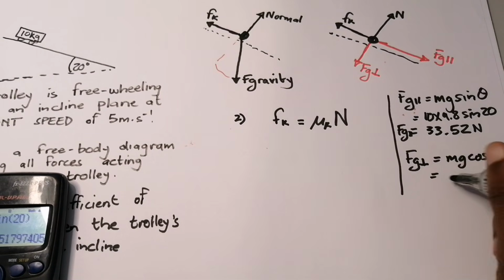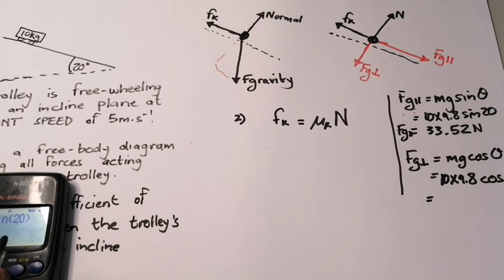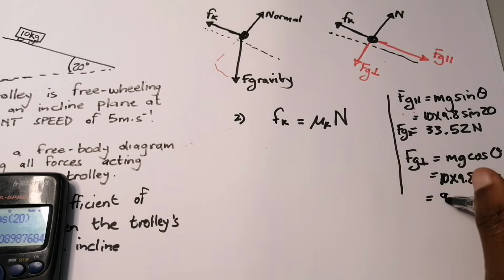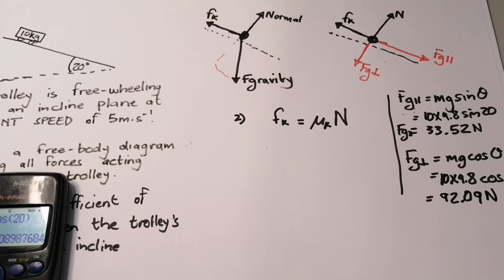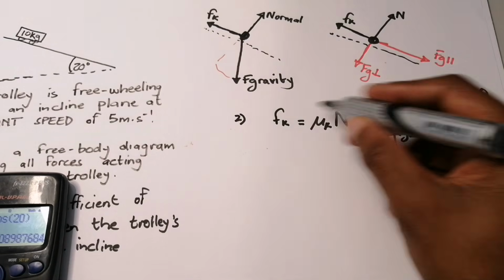So now I'm going to have 10 times 9.8 times the cos of 20 degrees, and I get 92.09 newtons. Now notice, what am I trying to find here?